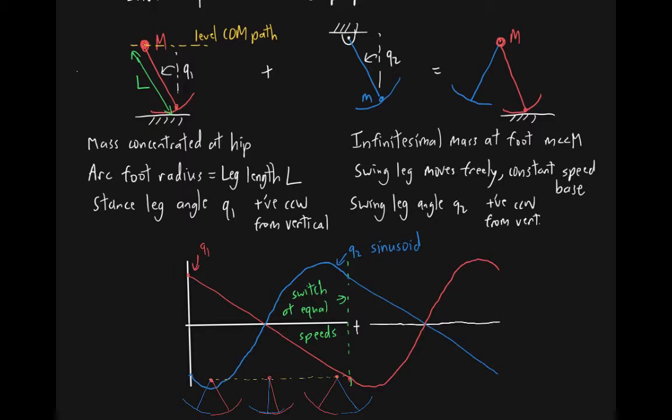The former swing leg becomes the new stance leg. The former stance leg becomes the new swing leg. Moreover, this switch happens with no collision, and that's because both of the pendulums were moving at the same speed. They both have the shape of an arc for their feet, and so this switch is going to occur with no change in the speed of either of the pendulums.